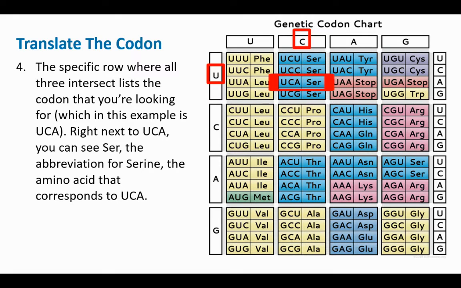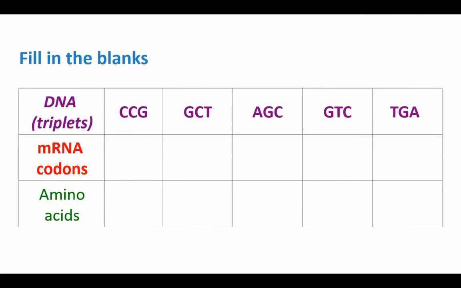Okay. So if you're going to look at the PowerPoint, you have there CCG. So anybody could give me the mRNA codons ng CCG? Doloberges. Asaya. GGC po. Yes, that's good. That's GGC.